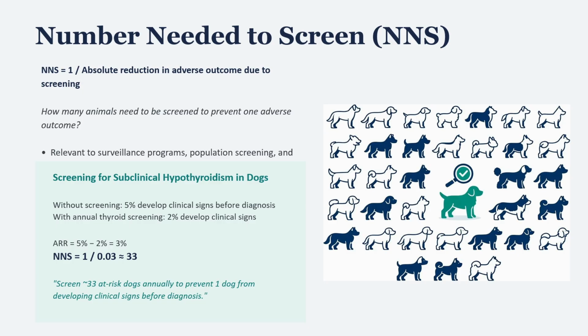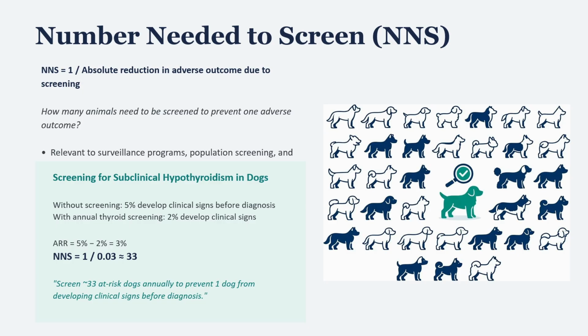This means you need to screen about 33 at-risk dogs annually to prevent one dog from progressing to clinical signs before diagnosis. Whether that's worth it depends on the cost of the screening test, the cost and impact of clinical disease, and whether early treatment actually changes outcomes. All questions that NNS helps you frame explicitly.